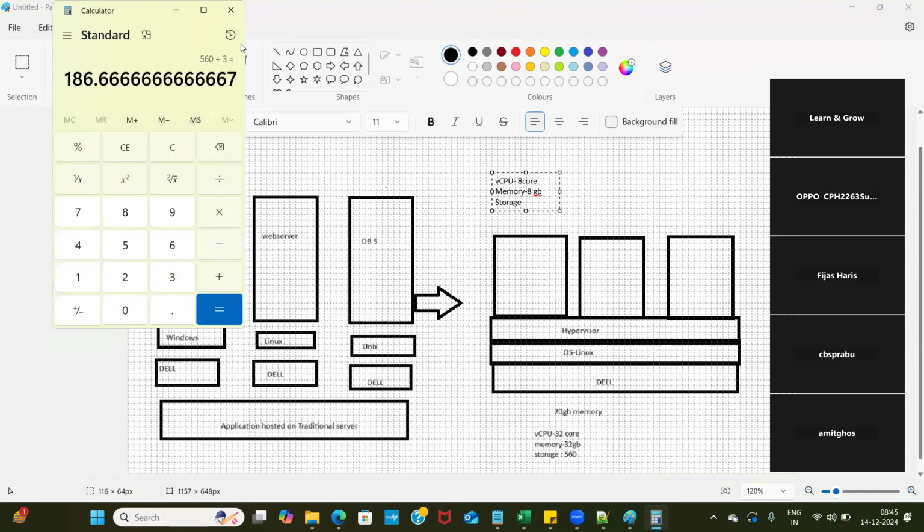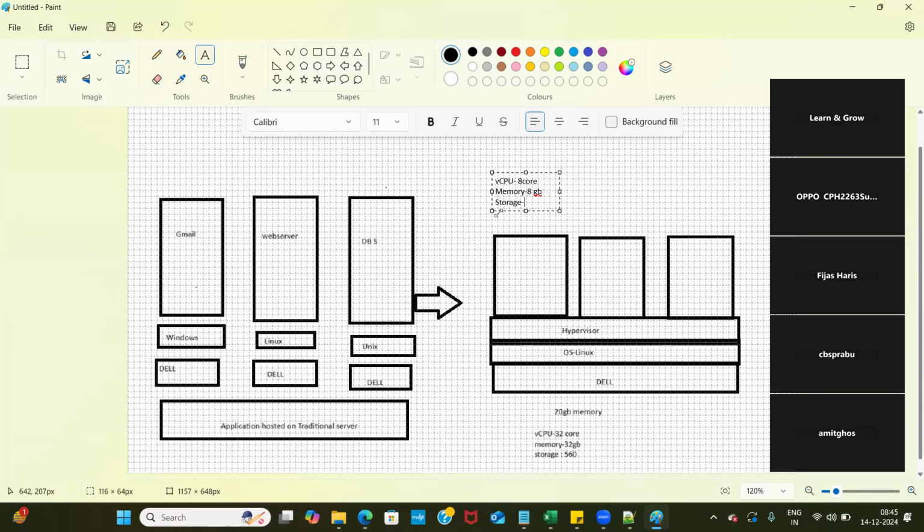Suppose 186. Okay, so I am giving storage 186 GB. So this is the configuration for each of your VMs.